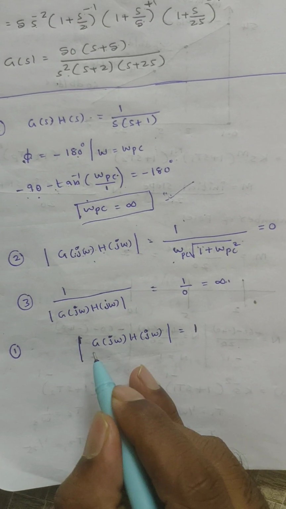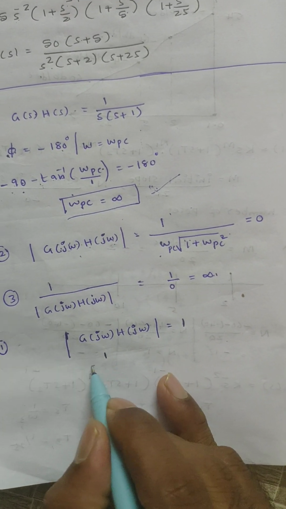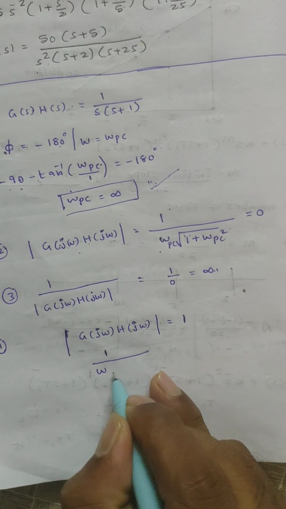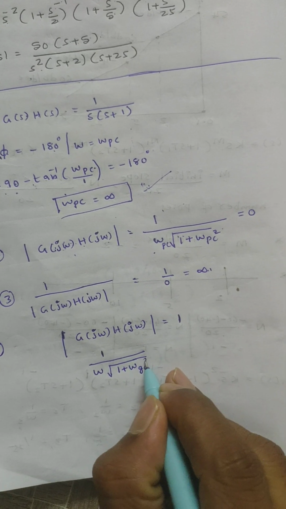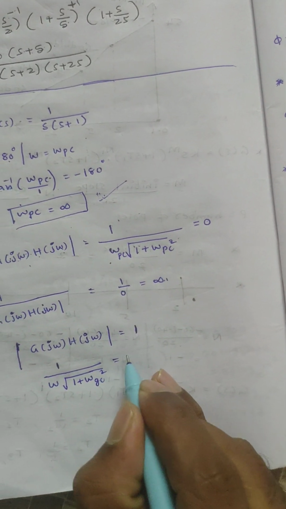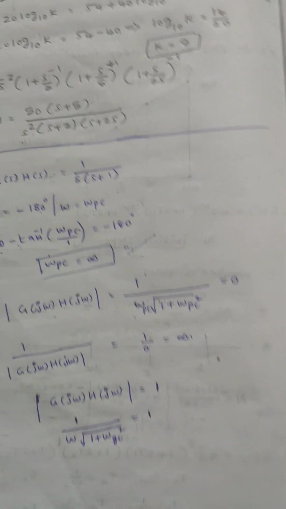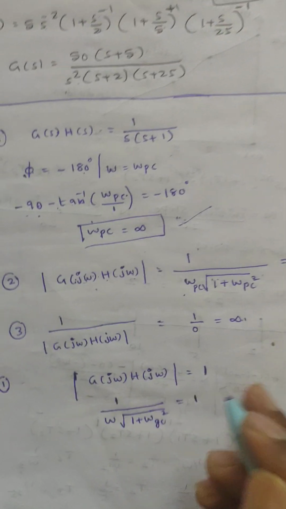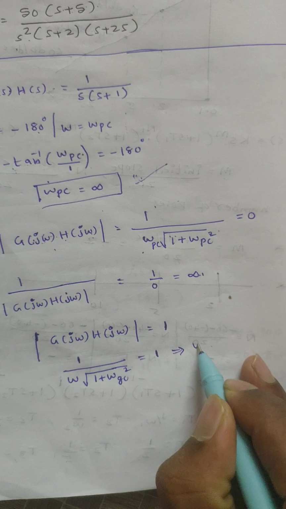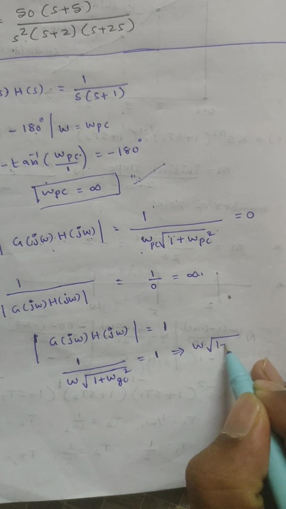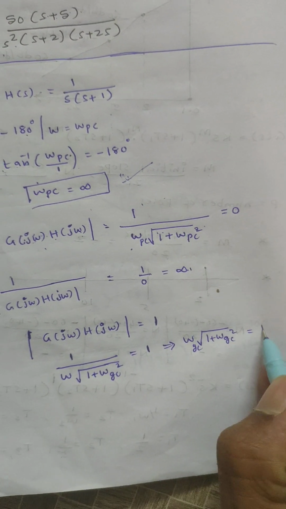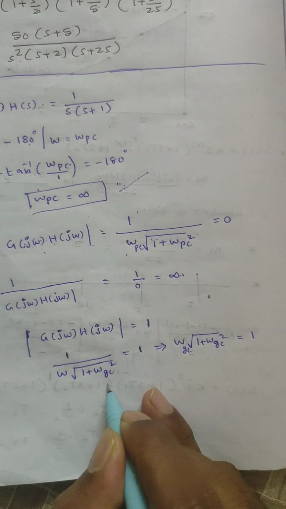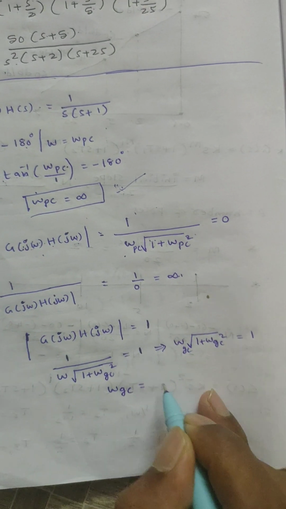To calculate phase margin, the first step is this one: omega into under root 1 plus omega gc square is equal to 1, where this is also omega gc. That means from this equation first we need to calculate omega gc. That is step 1.